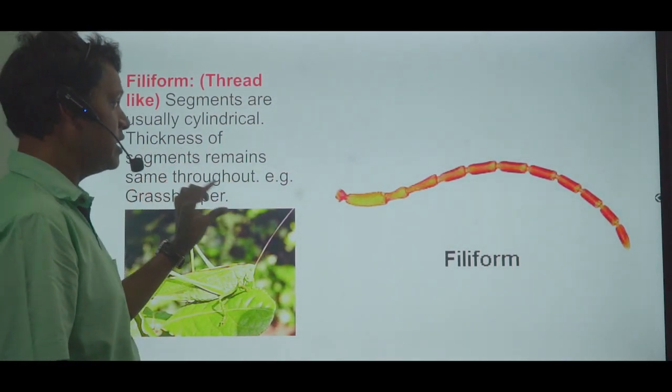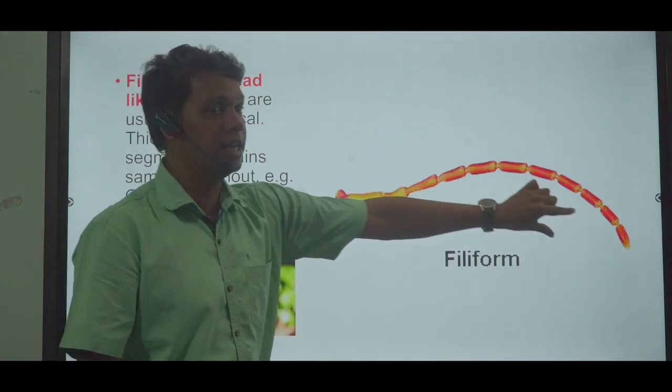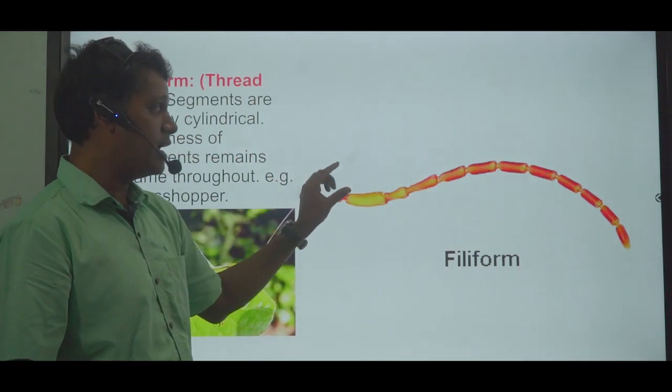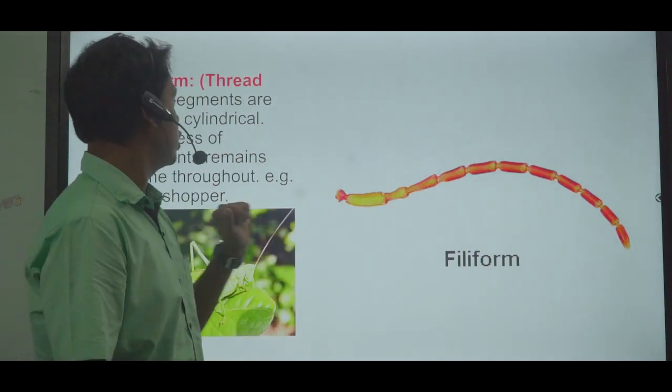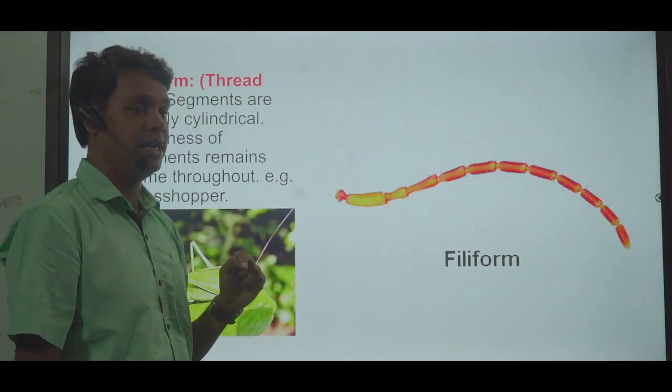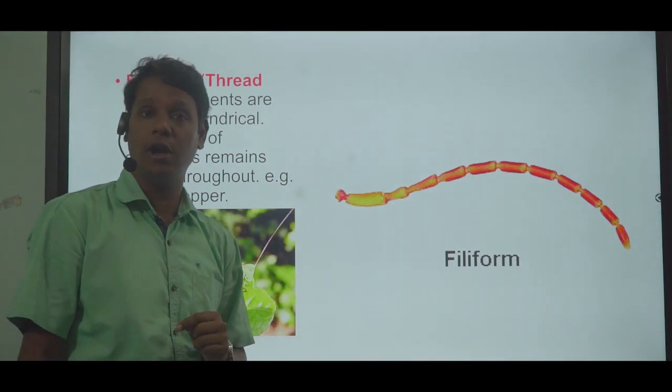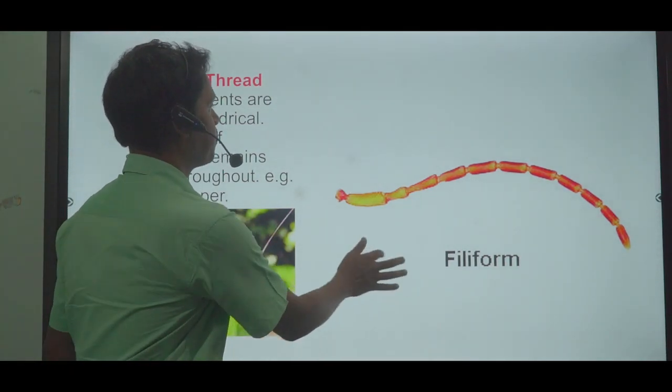The thickness from the base to the tip portion is uniform. So that is why it is known as filiform antennae. For example, grasshopper is one common example of filiform antennae.